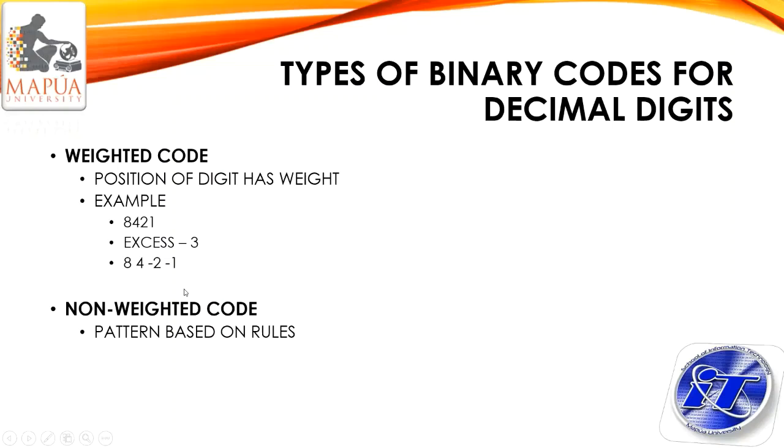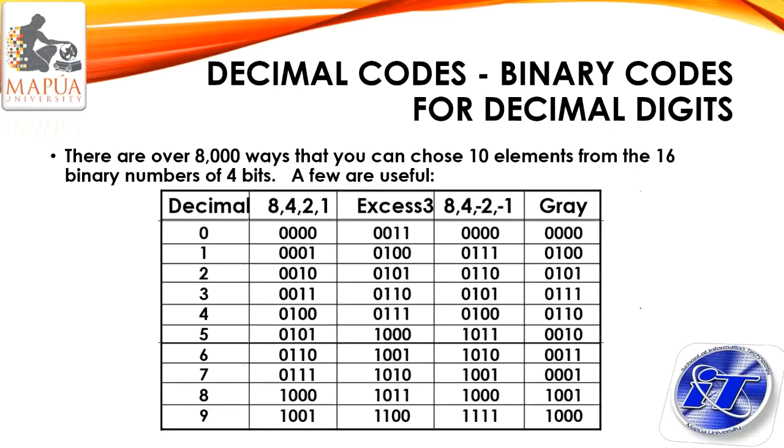While non-weighted means there is a pattern, but there is no positional value. So we have rules to determine the pattern that would represent our digit. These are some examples of binary code for decimal digits. Again, with 8421, we use 4 bits to represent one decimal digit, and 8421 is the weight of each position.